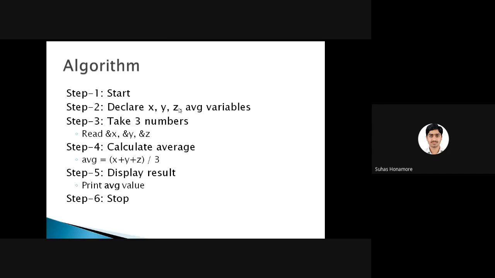The result also has to be stored somewhere, so we used one more variable, avg, the fourth one. These four variables we will be using in our solution, so we declare those four variables. Then we did the process, then stop. This is for a simple problem.